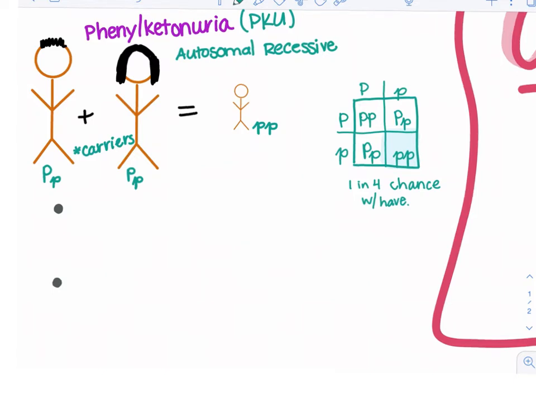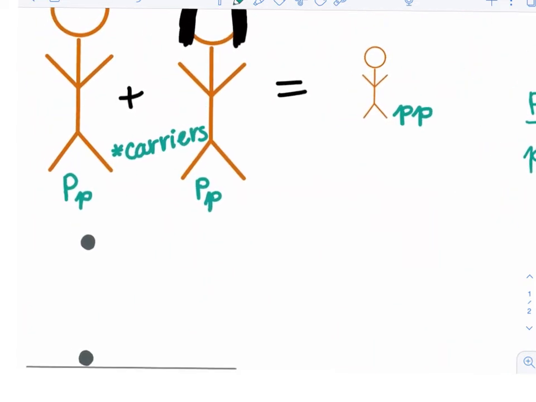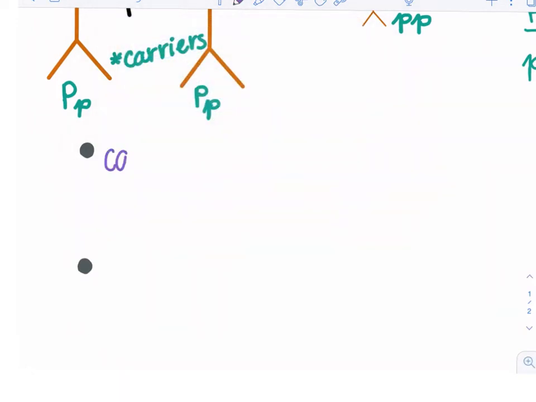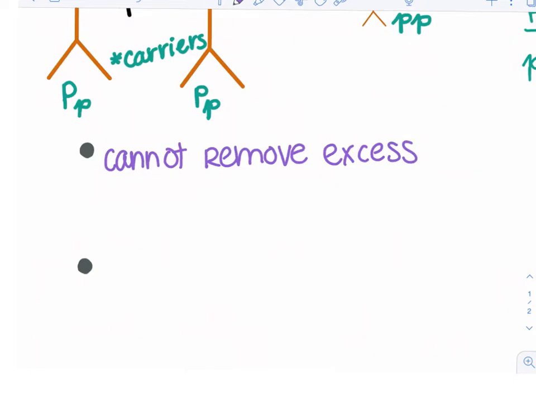So PKU is autosomal recessive, and it's where the person cannot eliminate excess of an amino acid called phenylalanine. So it builds up in their body, which then is dangerous.